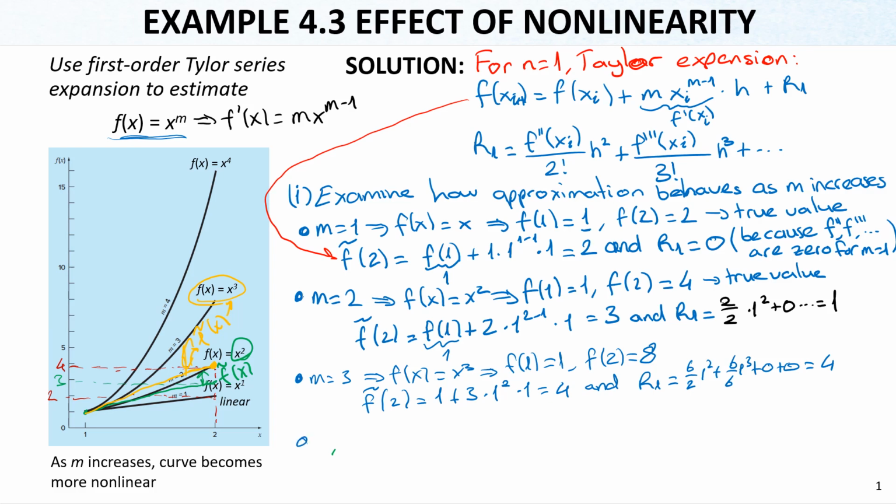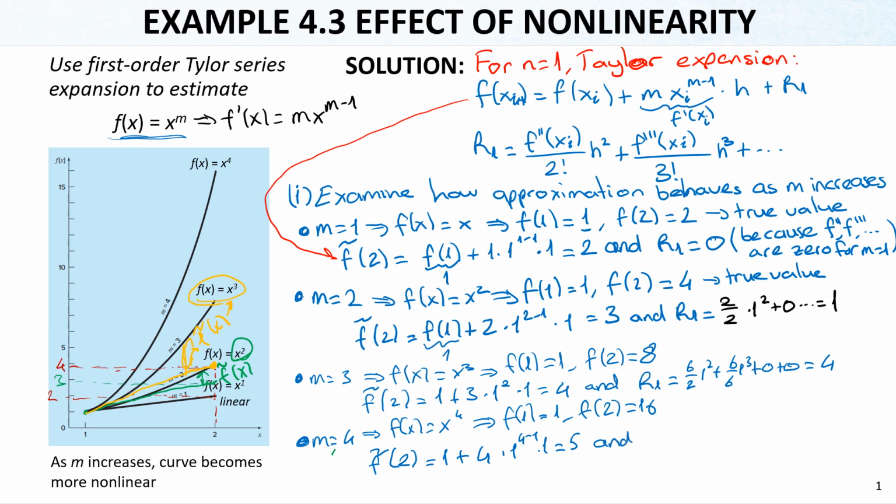And let's do the same for m equals 4. Similarly, f(x) is x to the 4, f1 is 1 again because it's just 1 to the power 4, and f2 is 16. And if we calculate the Taylor series for this, it's again a linear approximation. F1 is 1, plus m is 4 times 1 to the power 4 minus 1 times 1, and it becomes 5 actually. And if we calculate R1, it is 11. The summation of these should be the true value.